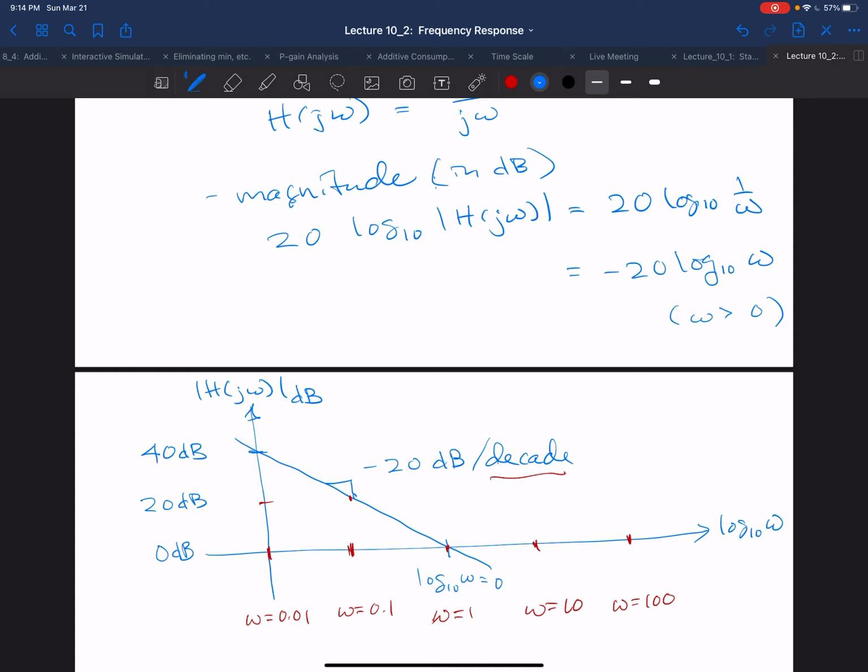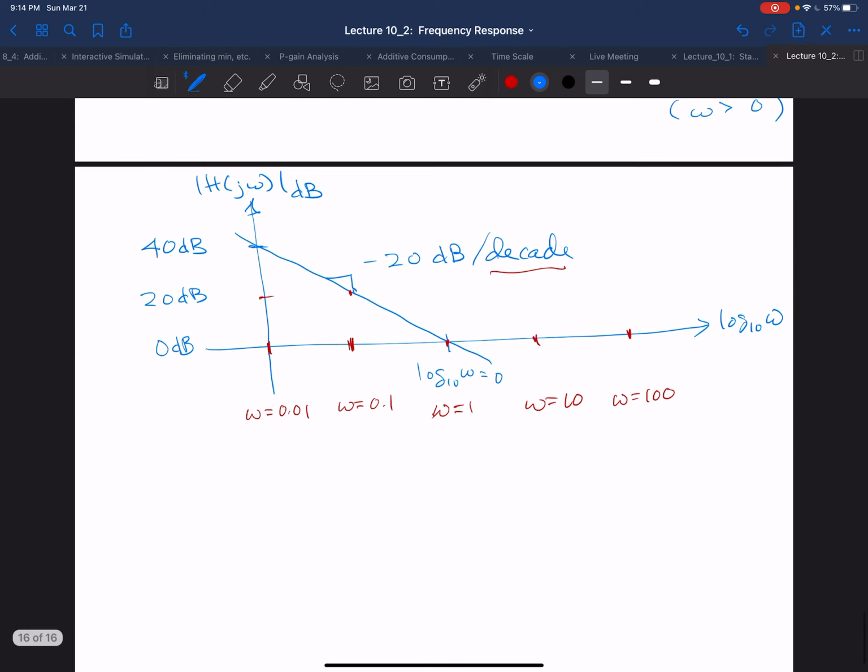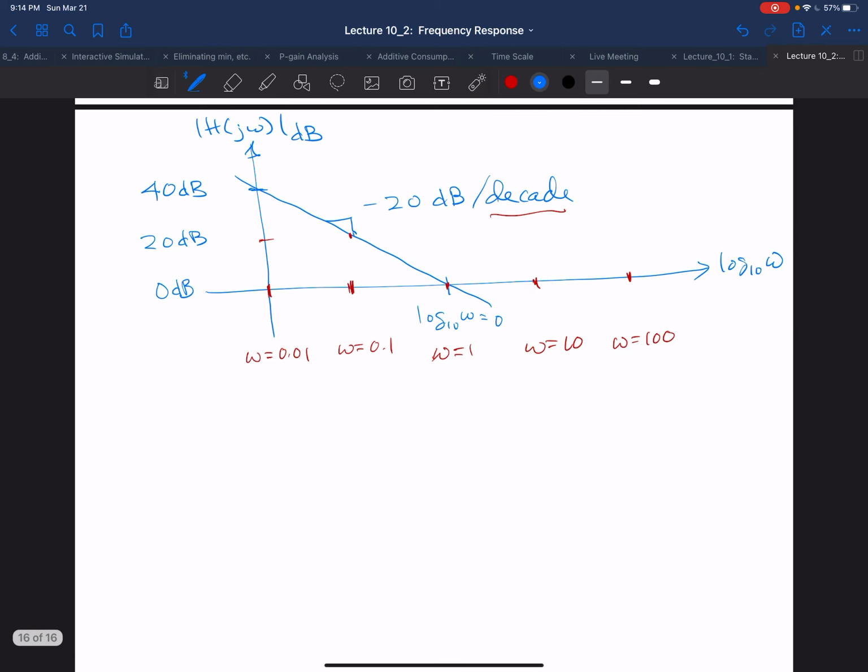And that's how we're going to plot the moduli of these frequency responses. But that's only one half of the Bode plot. The Bode plot consists of 2 curves, one for the magnitude or amplitude and one for the phase. So now let's see what that other part of the Bode plot looks like.